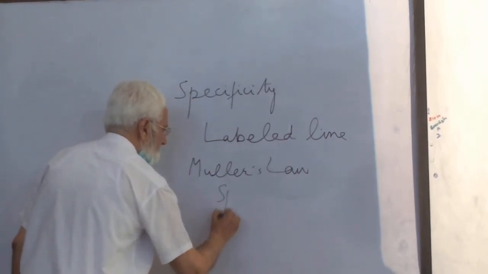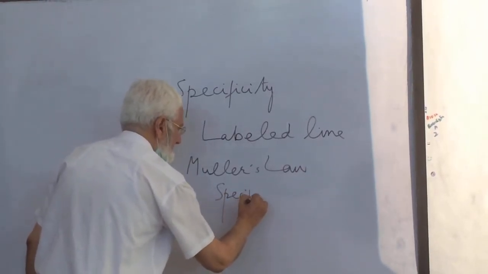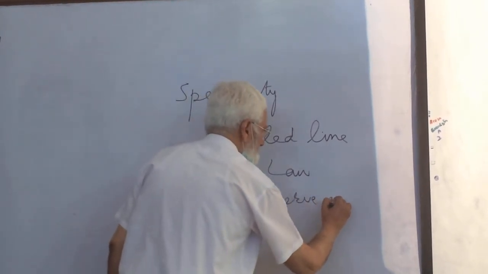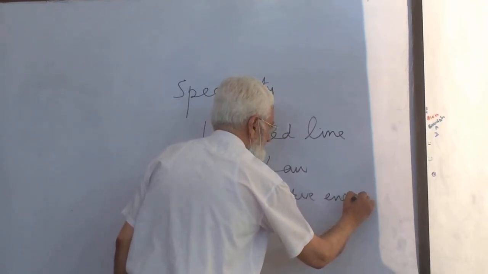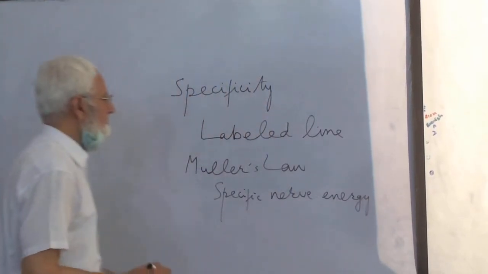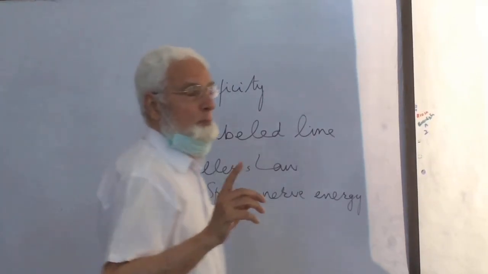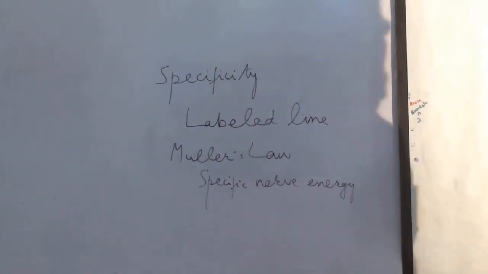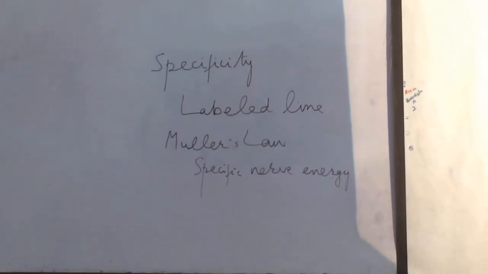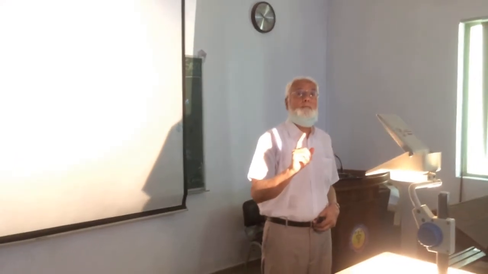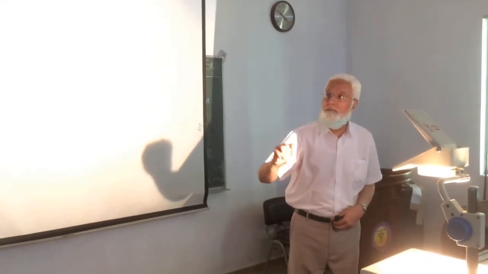So, for specific sensation, a specific nerve pathway carries impulses to a specific part of the brain. And this specificity of the nerve fiber to transmit impulses of one modality of sensation is called the labeled line principle.